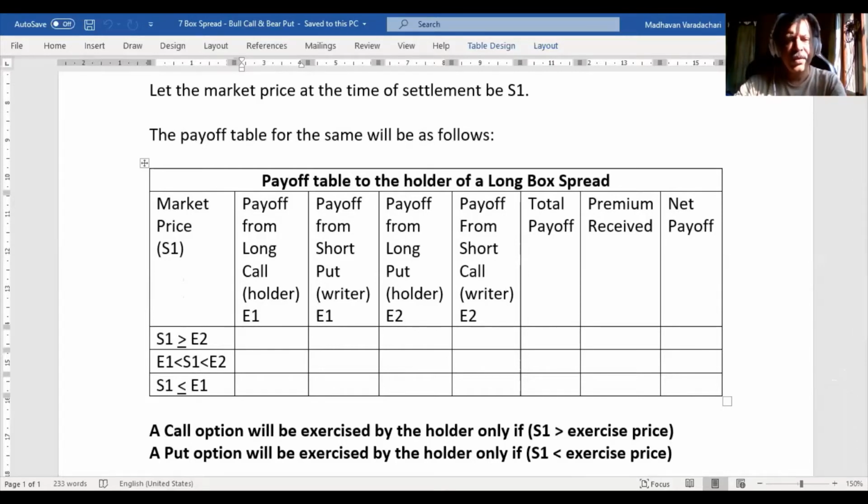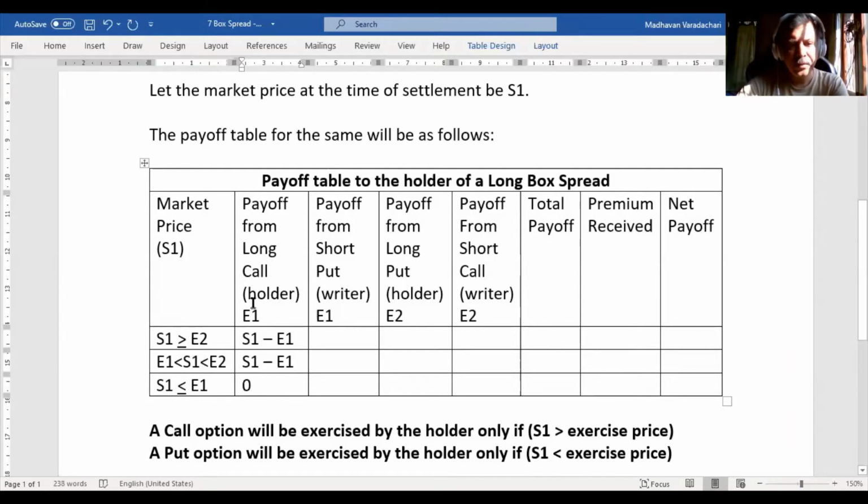So I will exercise, so my payoff will be S1 minus E1. Right, here the market price is larger than my exercise price, so again I will exercise. In the third case, the market price is lesser than my exercise price.